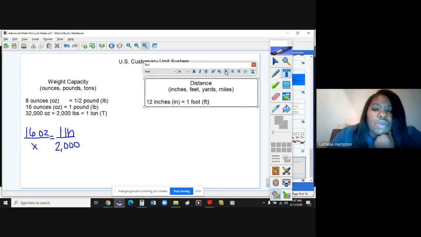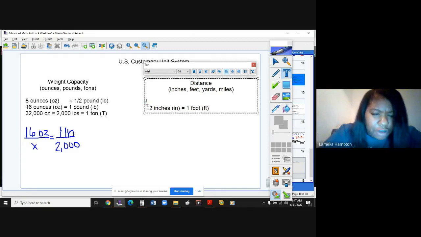If 12 inches equal a foot, how many inches equal half a foot? 6. Because I divided it. So of course I'm going to put that up here. Okay, so that's 1.5 feet, and again, FT.